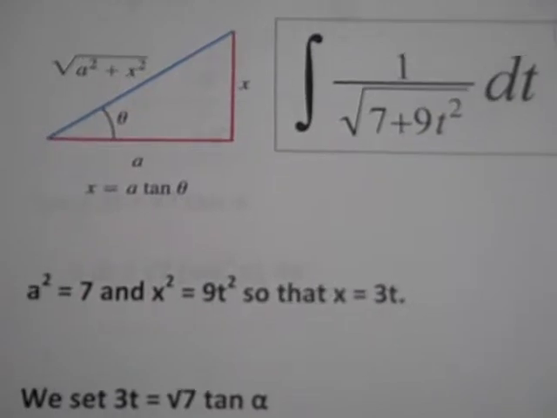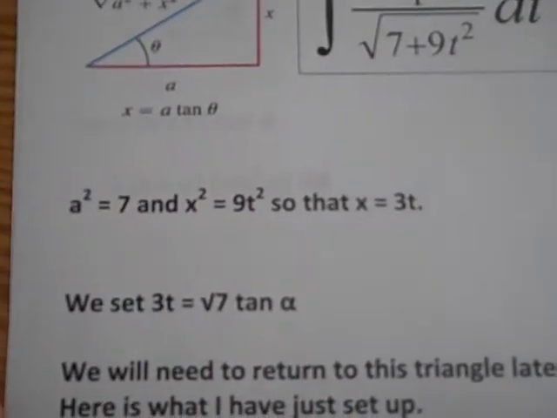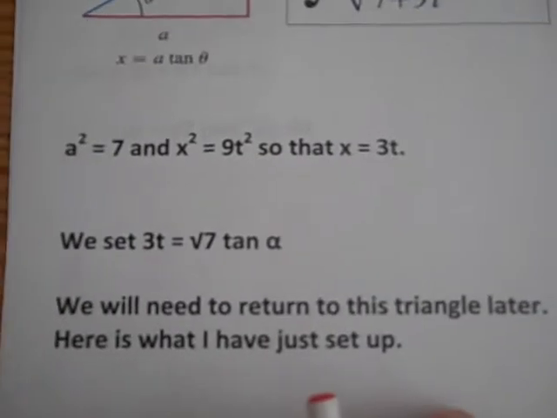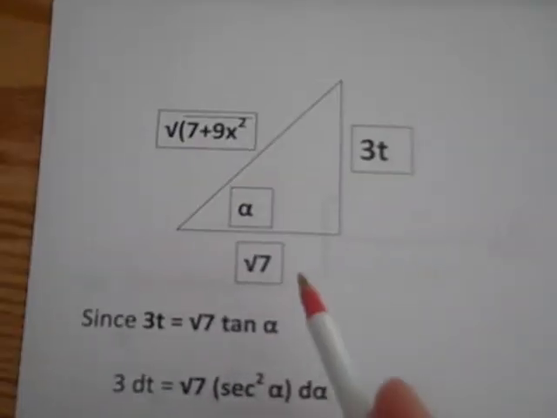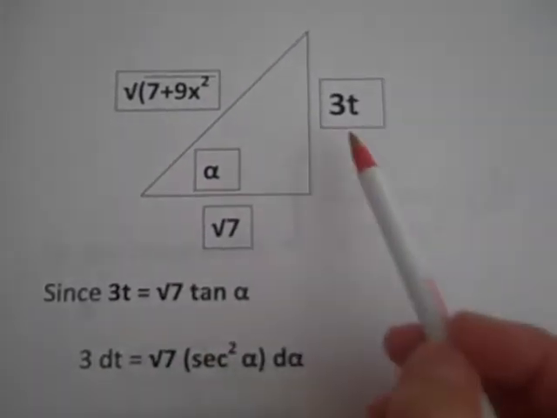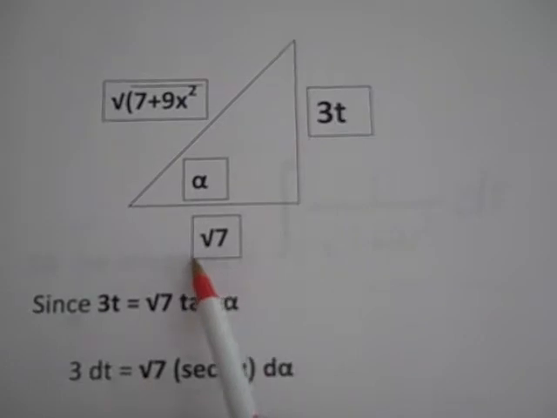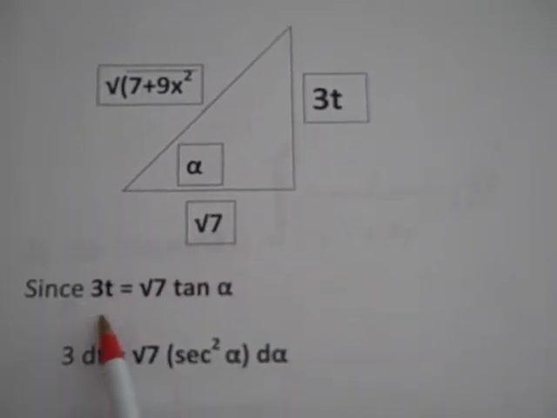All right, now I'm going to return to this triangle that you're going to see on the next page in just a little bit. But here's what I have set up for you now. Here's alpha, and the tangent of alpha is 3t over the square root of 7. We can see that from this particular statement.